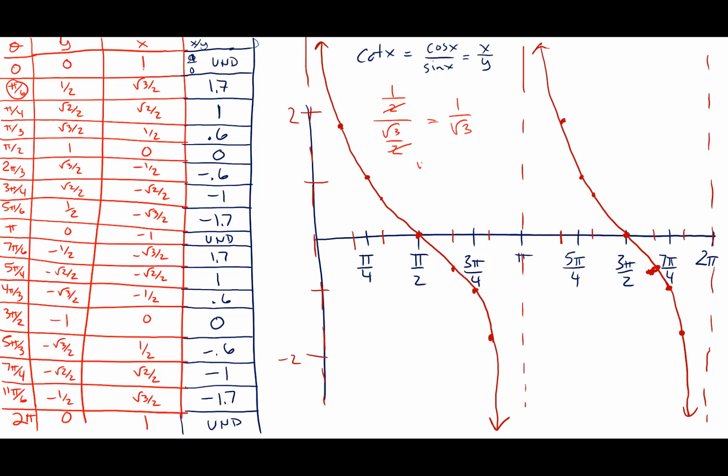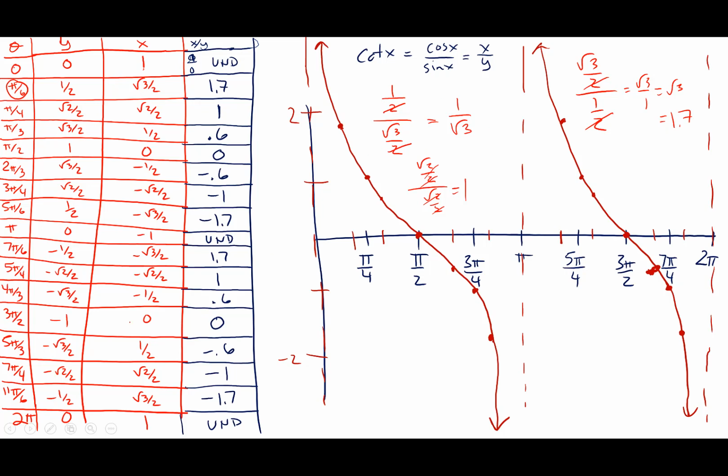Alright, and then root 2 over 2 divided by root 2 over 2, that's going to be the same thing. The 2's cancel, the root 2's cancel, left with a 1. And the other one is going to be root 3 over 2 divided by 1/2. The 2's cancel. You're left with root 3 over 1, which is just root 3. Punch that in the calculator, and you should get 1.73, or 1.7 for graphing purposes.